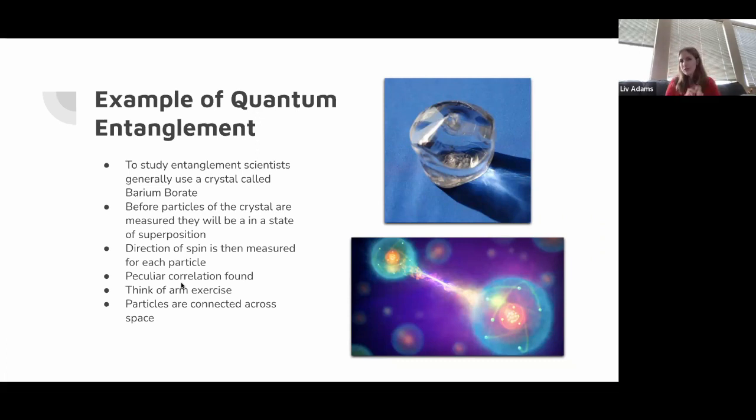Those are our particles that are linked together. So if something happens to one particle, or in our situation, a student, it will also change what happens to the other student that it is partnered with across space.